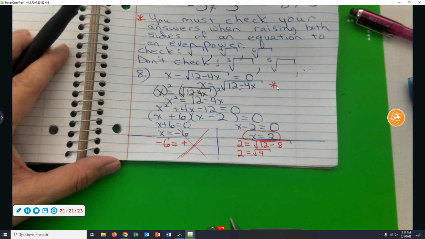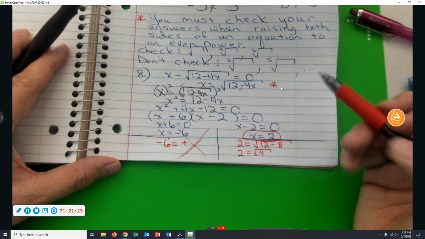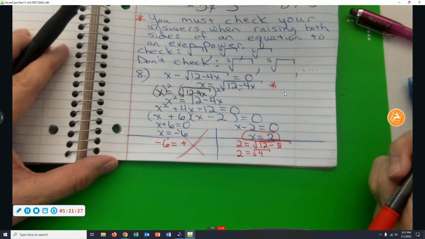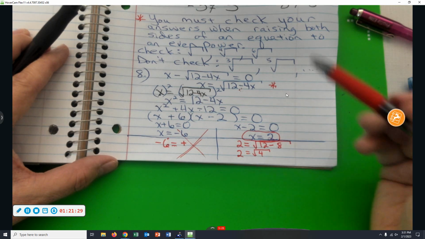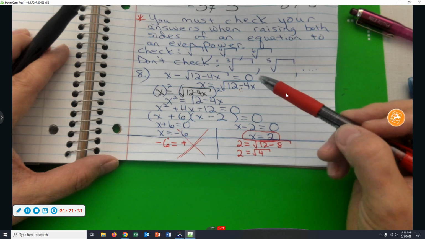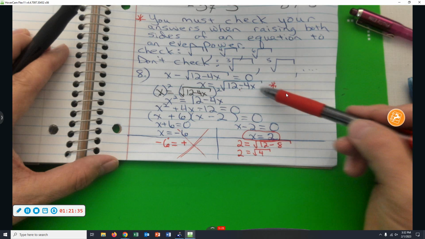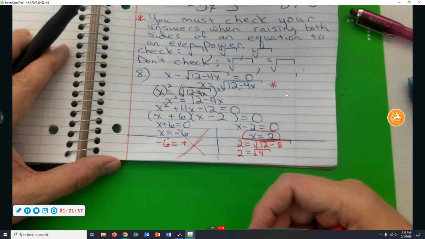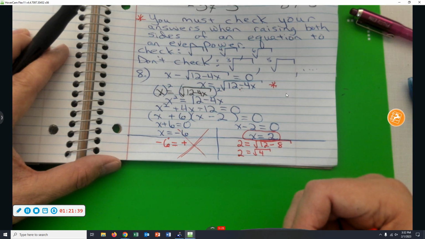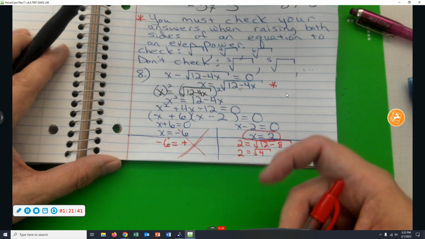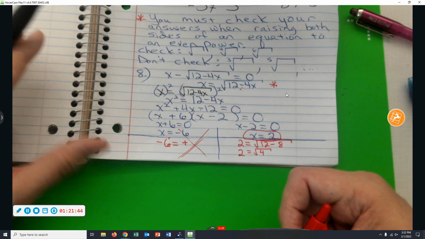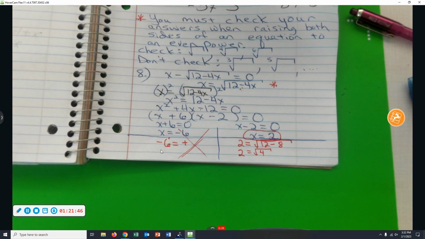The only number that works is positive 2. It's easier to spot those extraneous solutions when you're checking in the form where the radical is already isolated. Any questions there? So which answer am I going to type in? Just the 2, not the negative 6.